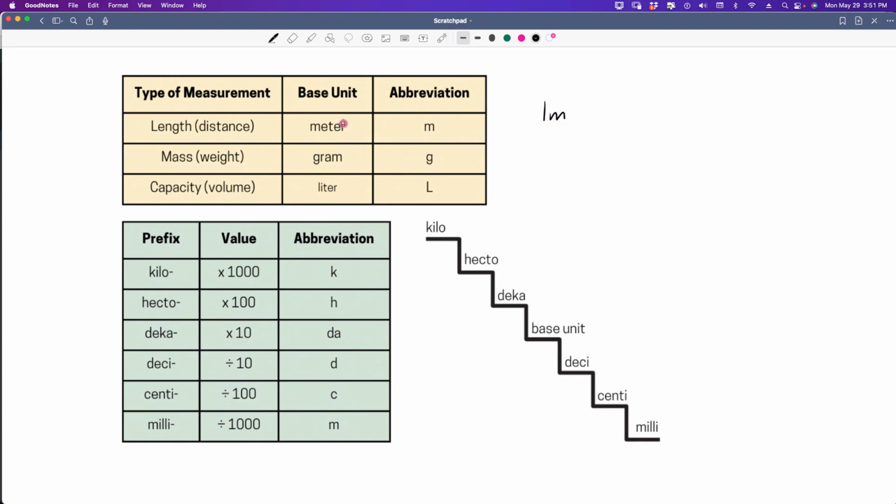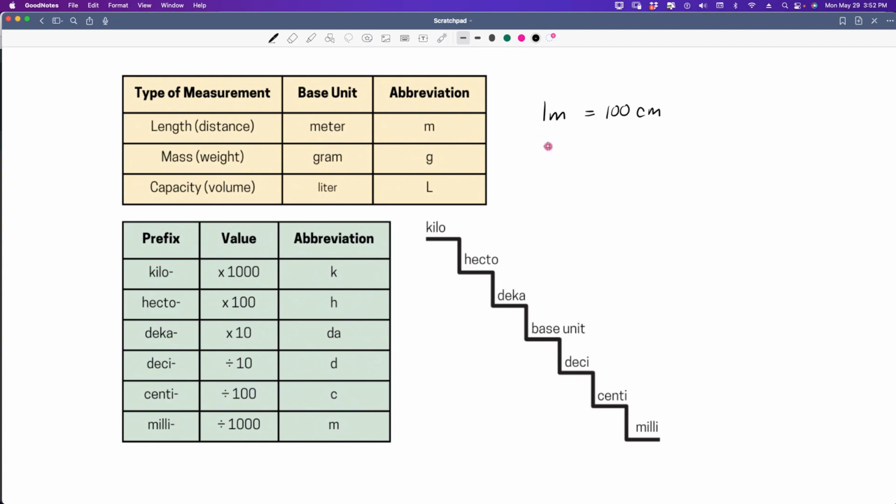All right, 1 meter here. This is our base unit. If we take this meter and we divide it by 100, then we have a centimeter. So that means that we have 100 centimeters in 1 meter because we took 1 meter and divided by 100. The same thing is true if we took grams or liters or whatever.